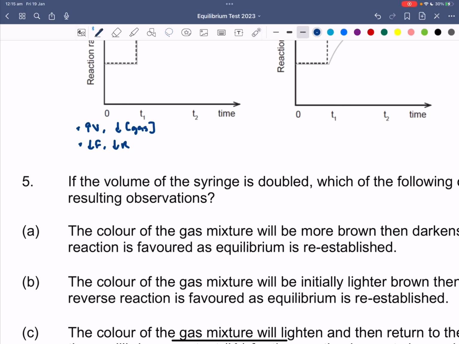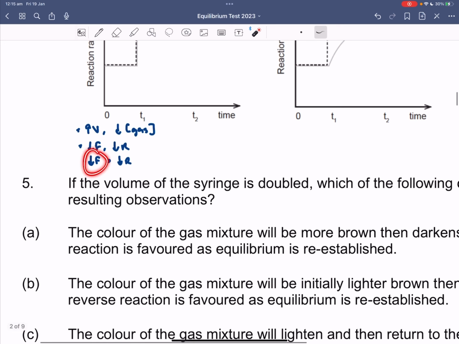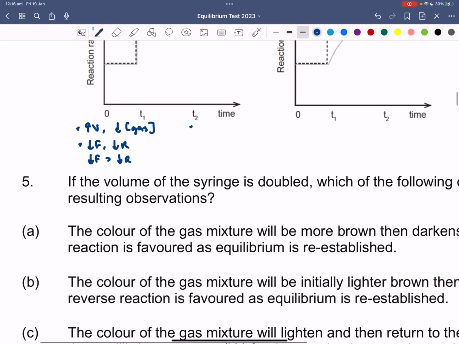Both forward and reverse reaction rates drop, but the decrease in the forward reaction rate is more than the decrease in the reverse reaction rate. There are two gaseous reactants and only one gaseous product. So if the forward drops more than the reverse, there's the reverse dropping a little bit and the forward dropping even more, which means that the reverse is more than the forward until equilibrium is established.